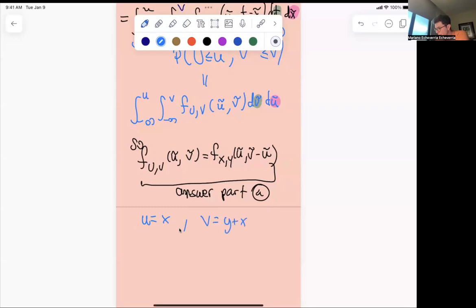So from there you can say that V minus X equals Y, which is what you did in Calc 3, and then you can say V minus U equals Y, right? So what I'm doing here is essentially that. I replace X here with U because that's what it is, and I replace Y with V minus U.